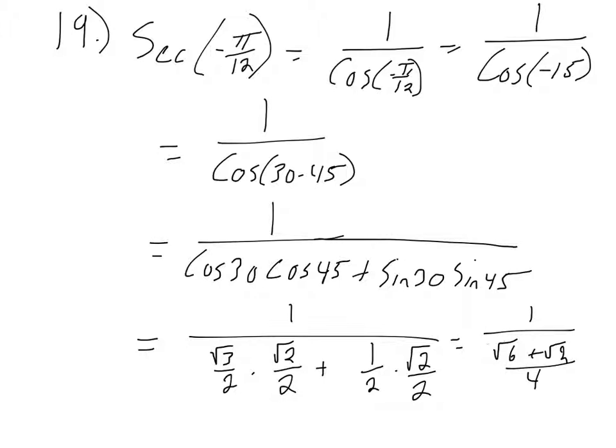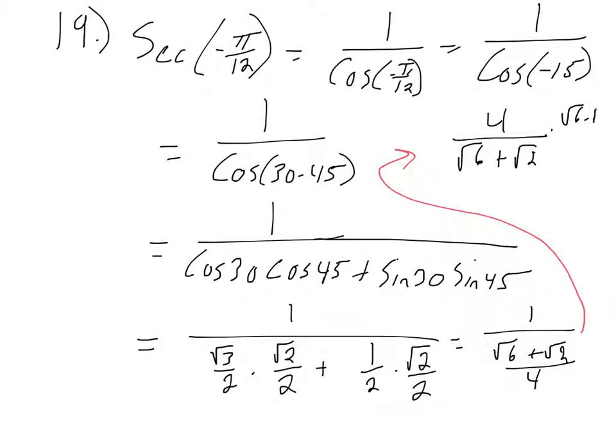And let me go ahead and put this up here, to avoid having to use another page. We rewrite this as 4 over square root of 6 plus square root of 2. Last thing we should probably do is to rationalize the denominator, so that we get 4 square root of 6 minus 4 square root of 2 over 6 minus 2, which is 4.